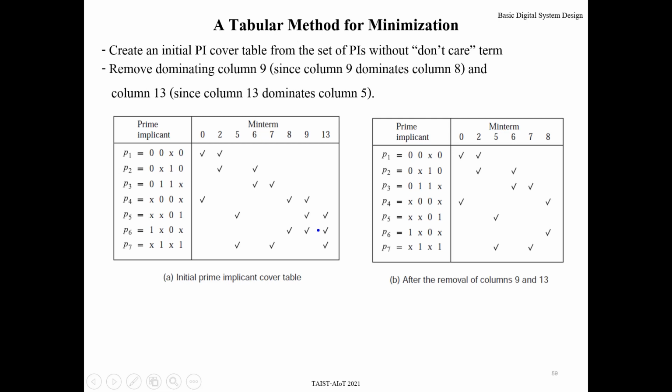Note, for example, column 9 and column 8. This one has 3 checks and this one has 2 checks. We say column 9 dominates column 8.